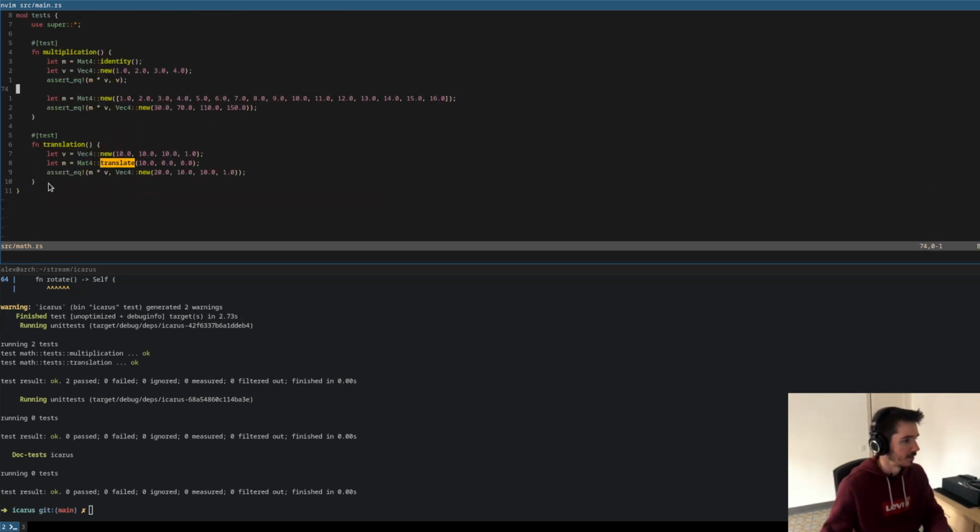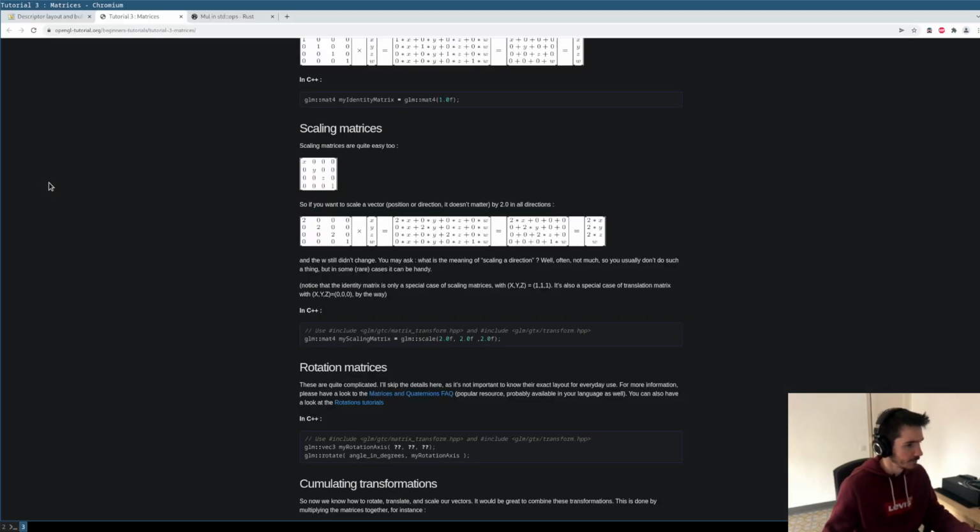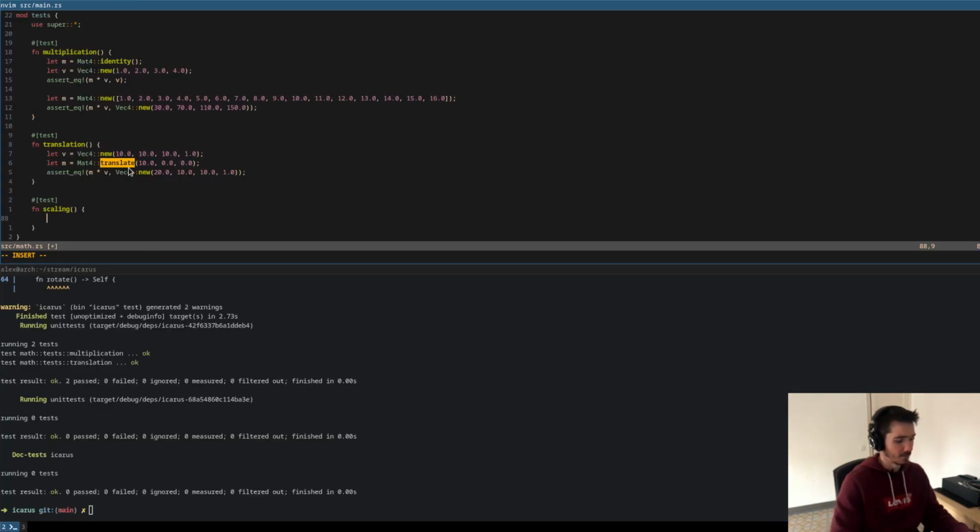We can add a simple test. Test scaling. Do they provide an example? Here they create a scaling matrix of 2 to 2. And they don't provide a vector, but it should be simple enough.